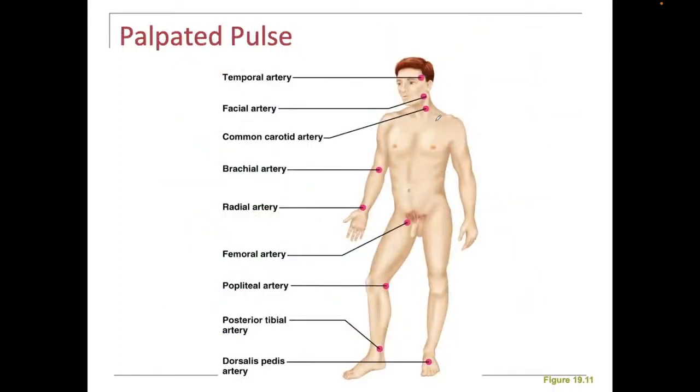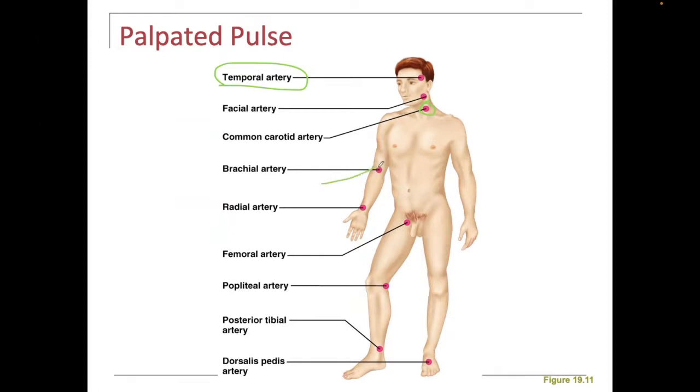This is where you can actually feel pulses, temporal artery. In smokers, heavy smokers can get something called temporal arteritis. A lot of pain and sensitivity here can actually lead to blindness, so we want to be careful with that. Here's the common carotid artery when you have runners that feel their pulse right near the SCM muscle.